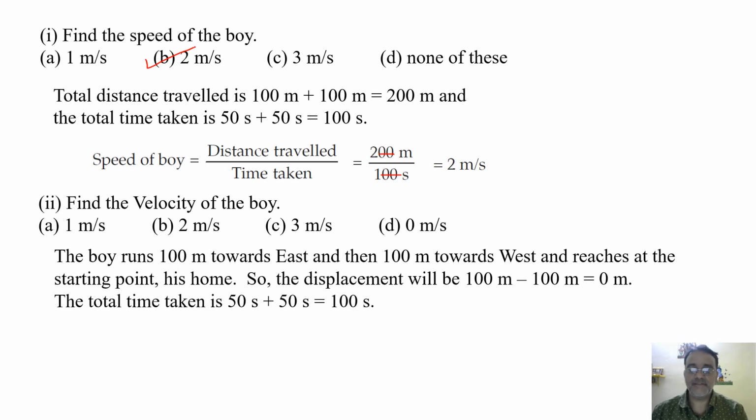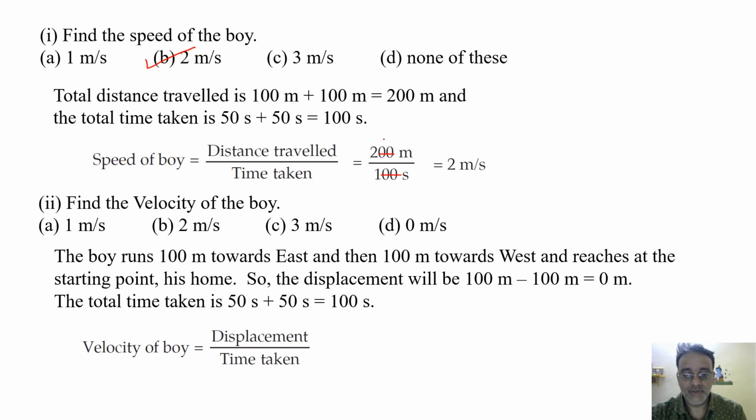The velocity of the boy is given by the formula displacement upon time taken, and the displacement is 0, so we get 0 upon 100, and the final answer is 0 meters per second. So the correct option is the last one, that is D.